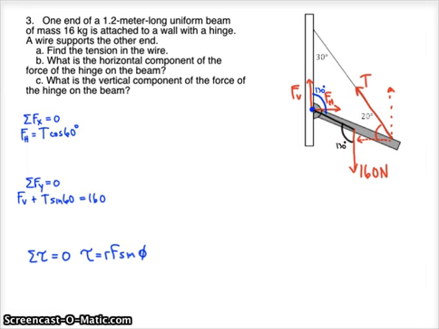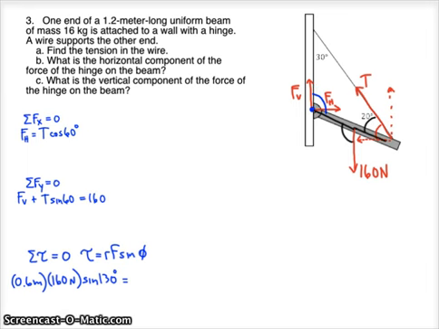So the way we're going to calculate that first value of torque is to say that the 160 newton force acts 0.6 meters from our hinge, that times 160, and then times the sine of 130. And again, the sine of 130 is going to only take the portion of 160 newtons that is perpendicular to the beam. This then needs to equal the torque due to the other force, the tension force, and we'll have to go through sort of the same process.